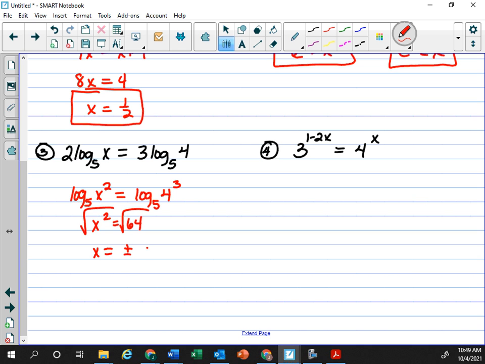And so you get plus or minus 8. Do I want both the positive and the negative 8? No. If you look at the very first step, I'd be taking log base 5 of negative 8. I don't want to do that. So it's actually just 8. Okay? Questions on that one? Yeah. So why can't it be negative 8?